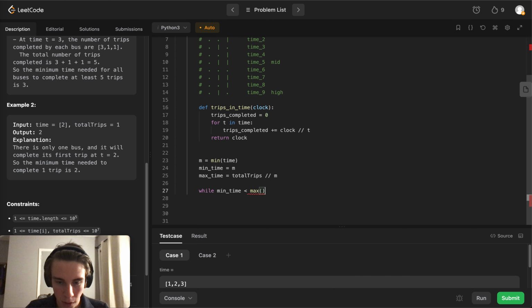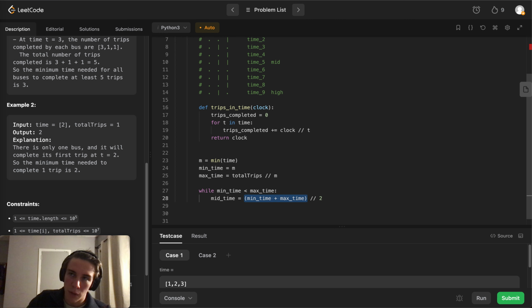as follows. We have a max time, and we essentially just say that, let's see, we have to choose a mid time. Mid time is min time plus max time divided by 2. Sometimes this is hard to understand of why this works, but trust me, if you were to do it the way of max minus min divided by 2 plus min time, you would essentially just get this, right?